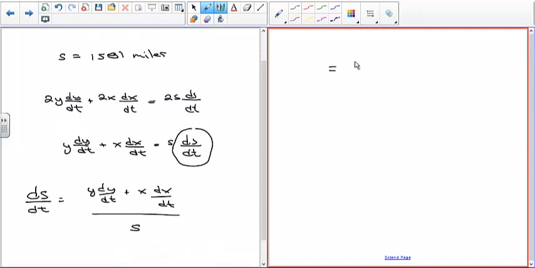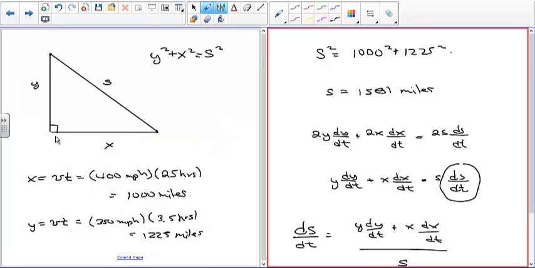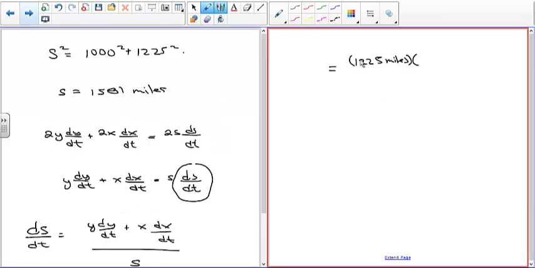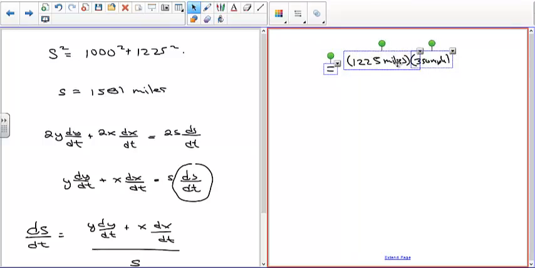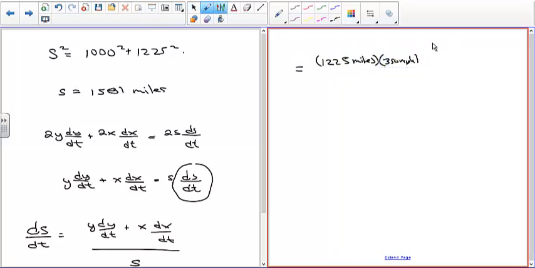So y is 1,225 miles. dy/dt is 350 miles per hour. X is 1,000 miles. dx/dt is 400 miles per hour.